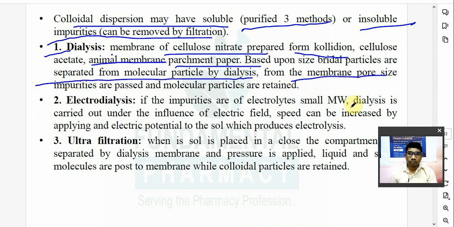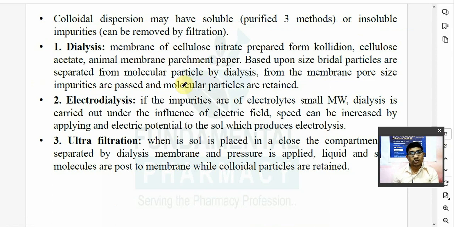From the membrane pores, impurities are passed through and colloidal particles are retained. The impurities will diffuse through the semi-permeable membrane, and the colloidal particles will be retained. So that's why one of the methods is dialysis. By using dialysis, you can separate the soluble impurity in the colloidal dispersion.